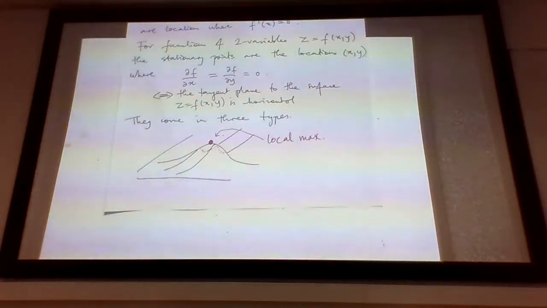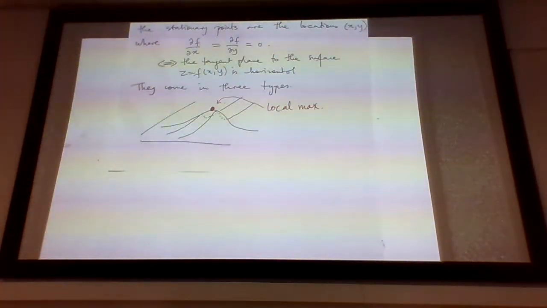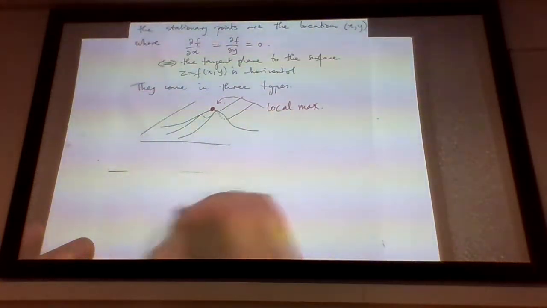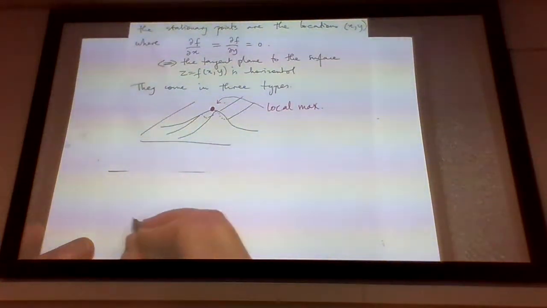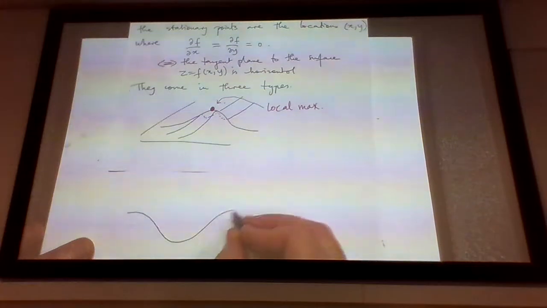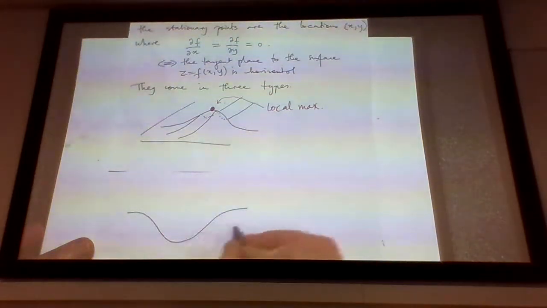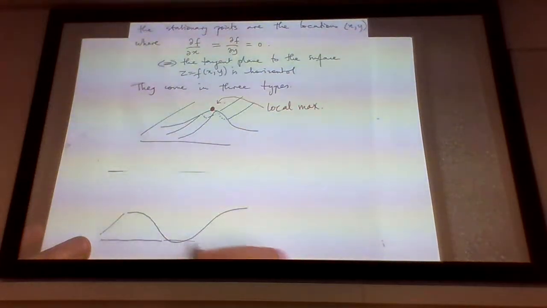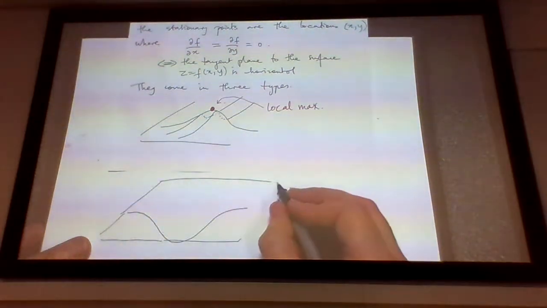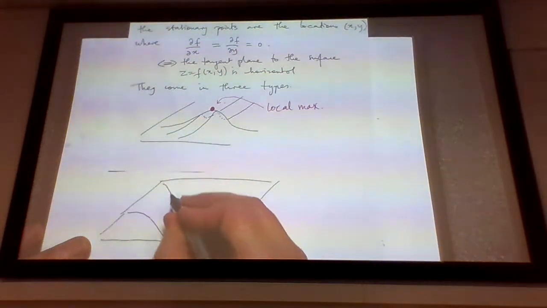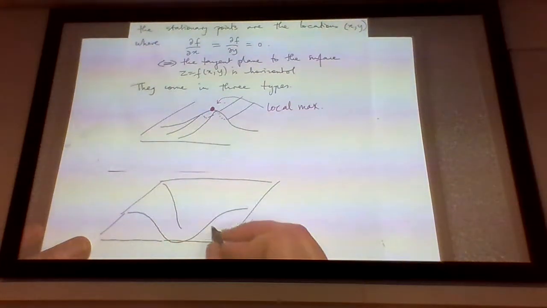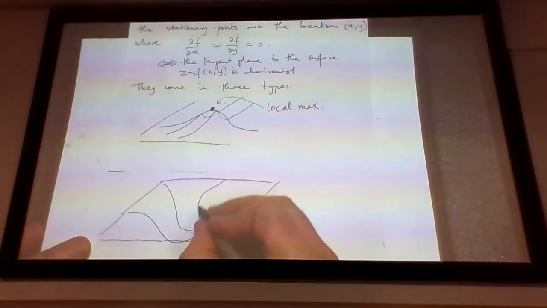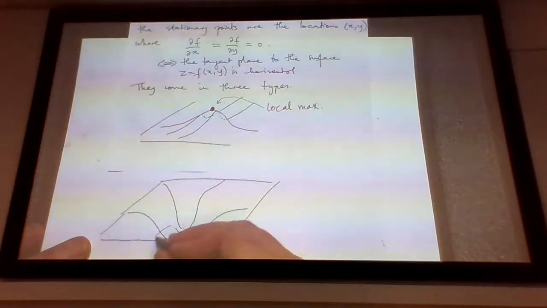Well, if you can have local maximums, of course, you can have local minimums. So this picture could be turned upside down, and you could have some kind of, I'm trying to draw here, pretty good.